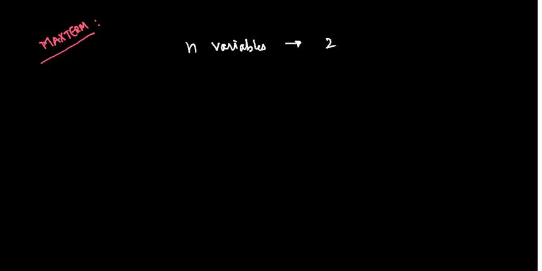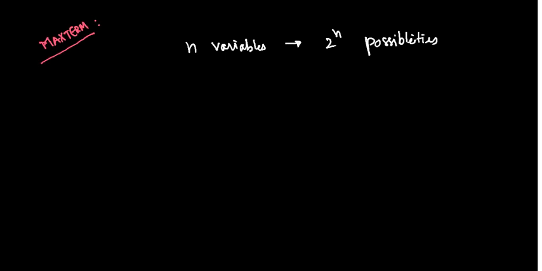There are 2 to the power n possibilities of the expressions, right? I mean, a literal may be in a complemented or uncomplemented form. So there are 2 to the power n such possibilities. These possibilities may be for the AND expressions or maybe for OR expressions.